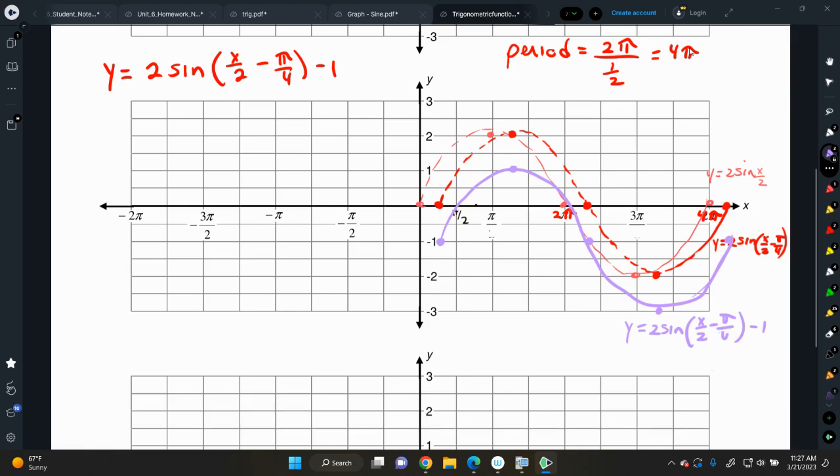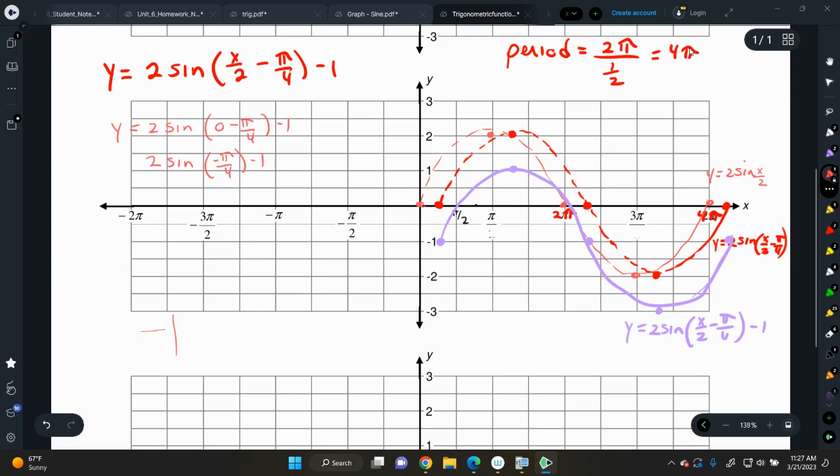Now, how could I figure out where it's crossing the y-axis, which would basically represent its initial position? When it crosses the y-axis, what is the x value? 0. If it's crossing the y-axis, x is 0. So y equals 2 sine of 0 minus pi over 4, minus 1. So 2 sine of negative pi over 4, minus 1.